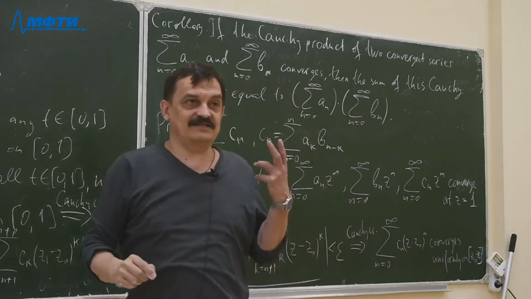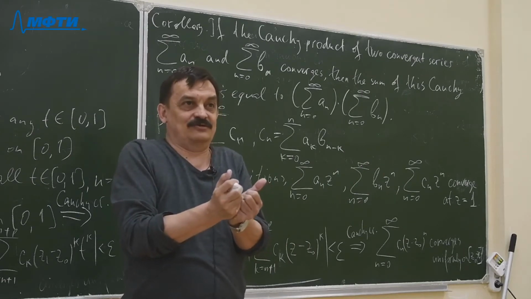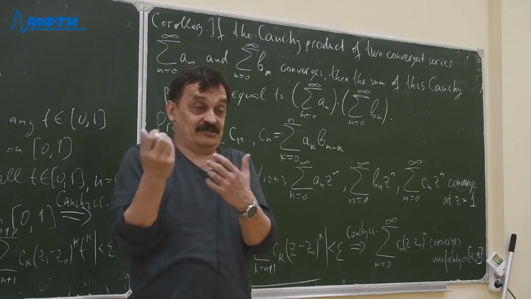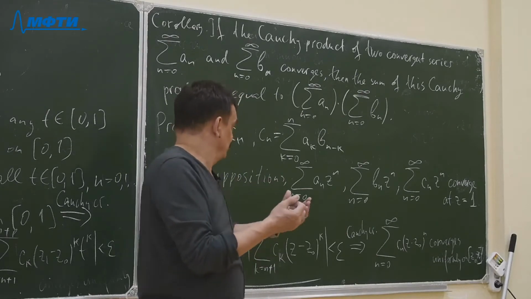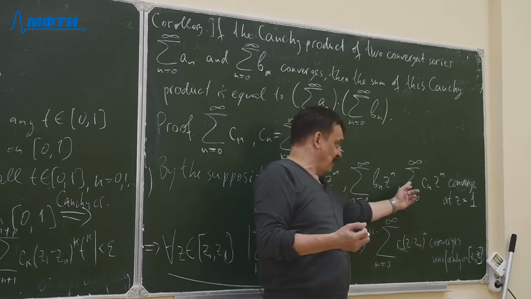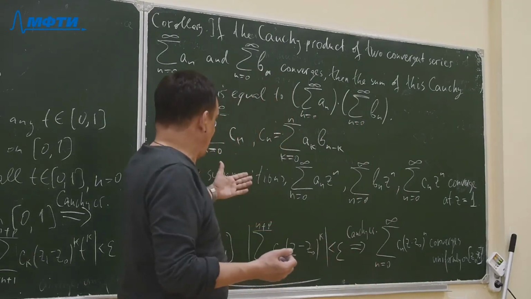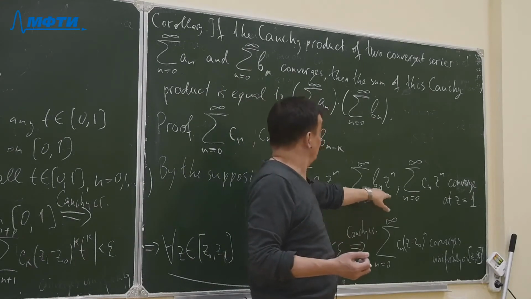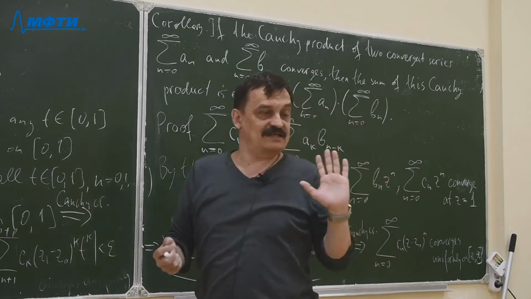That is the main idea, how to connect those two things. You see, we started now with power series, function series, and now we return to usual number series. How? Just insert z to the power n. When you substitute z equals 1, then these are precisely our series, right? So what does our supposition say? Both series converge, right? And also the Cauchy product converges. So all of them converge at z equals 1.